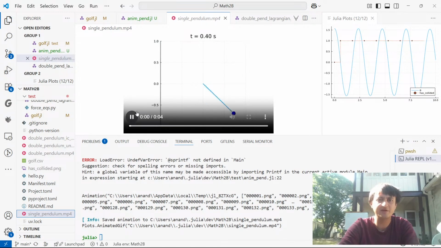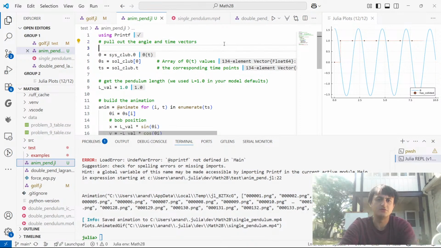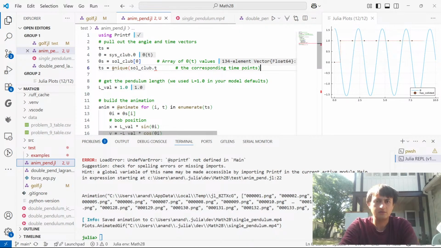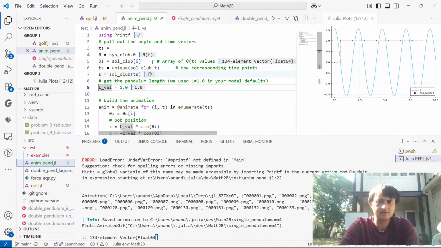See how it's like stopping? That's because of these stupid jumps. So what we have to do actually is we have to do this. We have to do t's is equal to unique. And then we can't index. We have to say sol club t's like this.